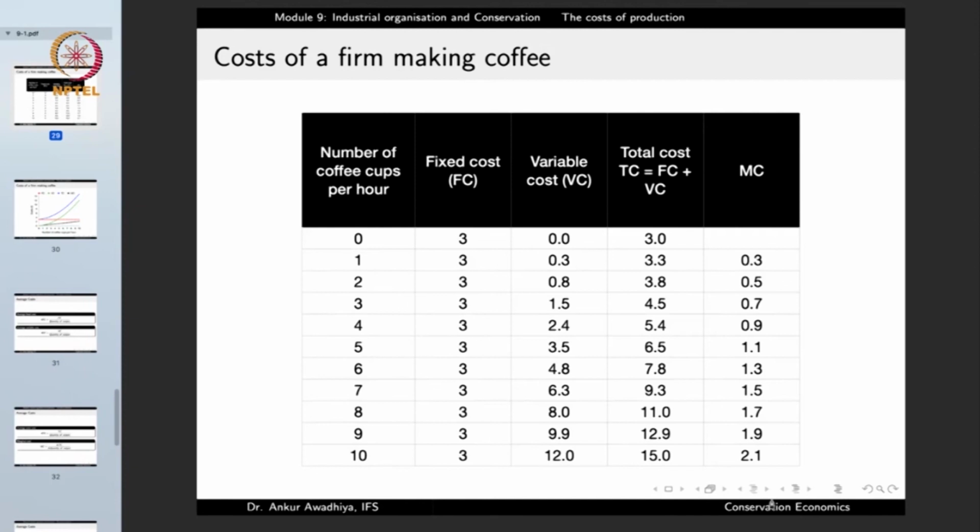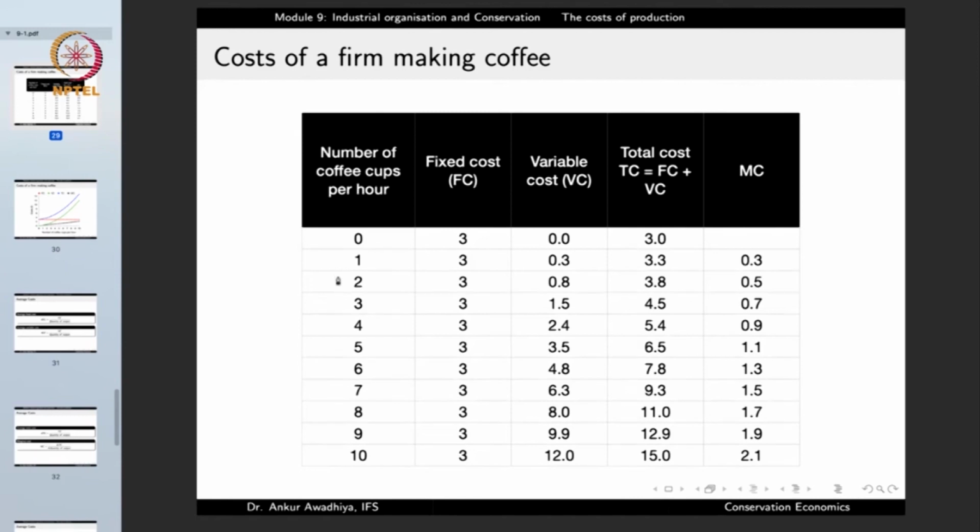The marginal cost is the cost of increasing 1 unit of the output. So when the number of coffee cups is increased from 0 to 1, the total cost increases from 3 to 3.3, and so the marginal cost of 1 cup of coffee in this case is 0.3. 3.3 minus 3 is 0.3.